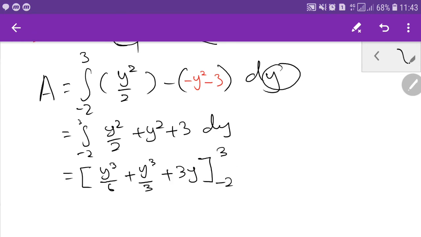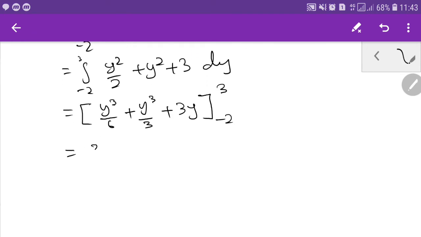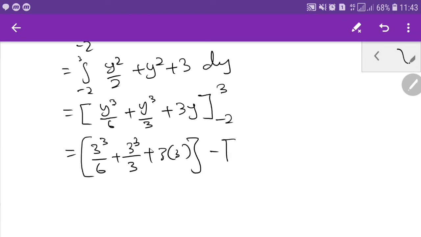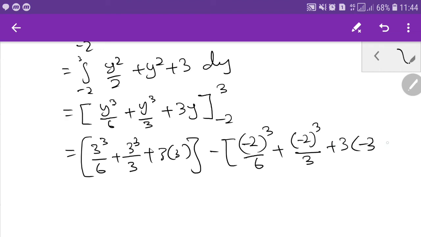Okay, so put the limits over here and we can substitute the values accordingly. 3 cubed over 6 plus 3 cubed over 3 plus 3 times 3. So close that and then open a new one with the lower limit. Minus 2 cubed over 6 plus minus 2 cubed over 3 plus 3 times minus 2. And then we close it. Perfect.